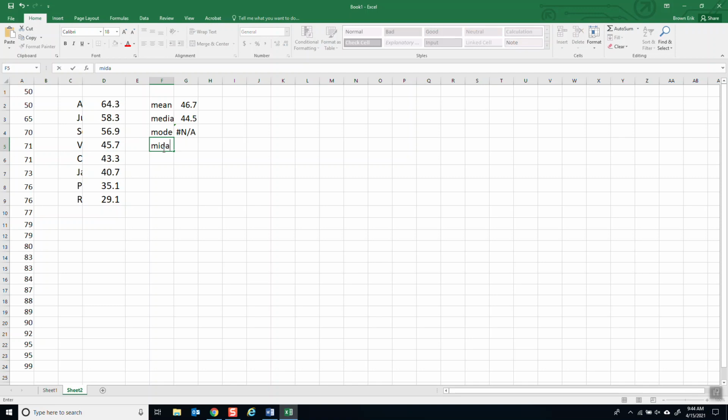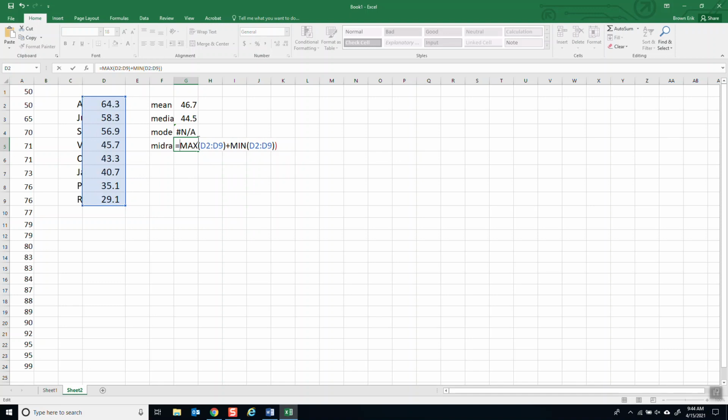Now to calculate the mid-range, I have to do the max plus the minimum, divided by 2. So I'll type max. That will return the maximum value, and then I'm going to add to it the minimum. So that's returning the minimum value, and then we divide all that mess by 2.